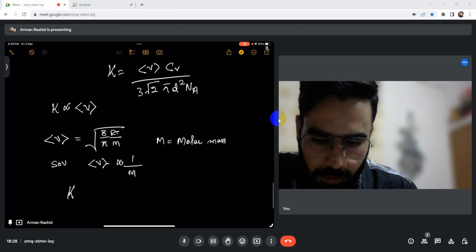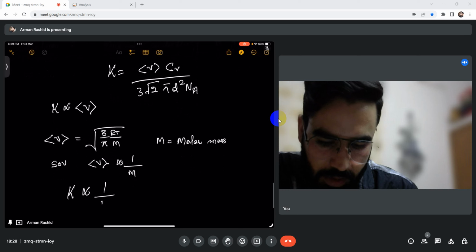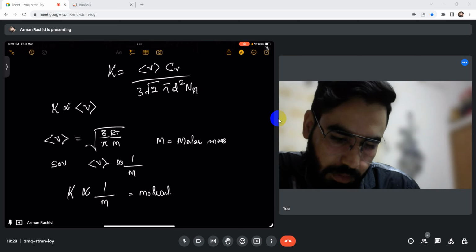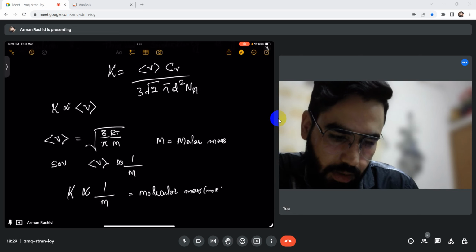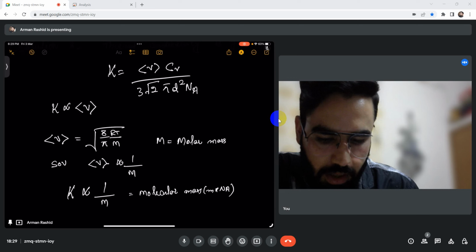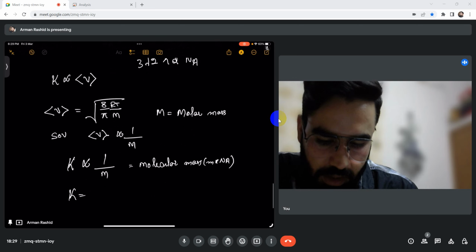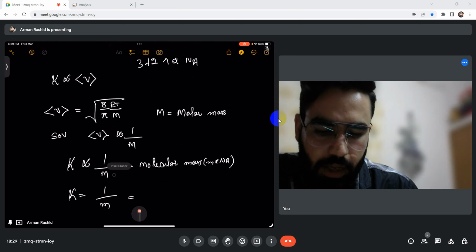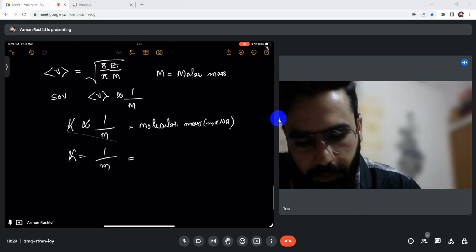That means K is inversely proportional to molar mass or molecular mass, so K is directly proportional to 1 by m.